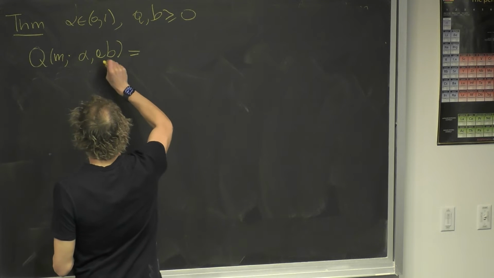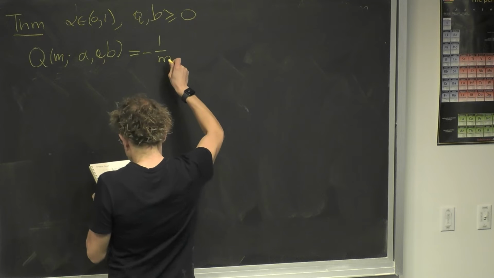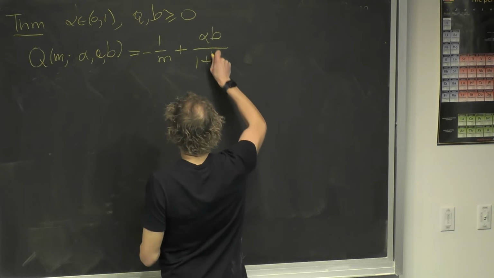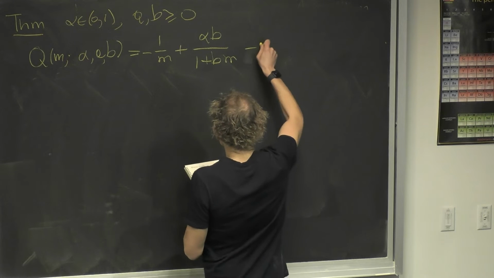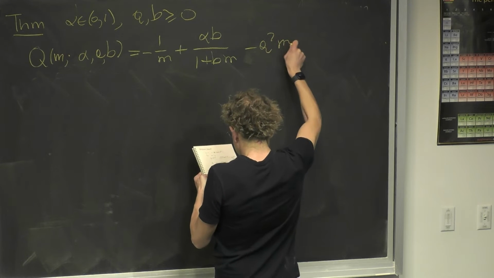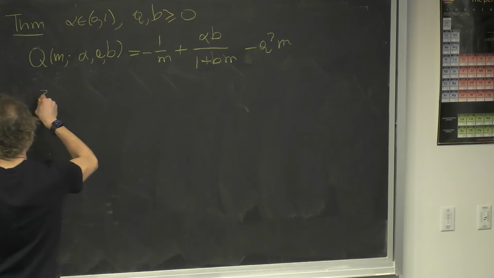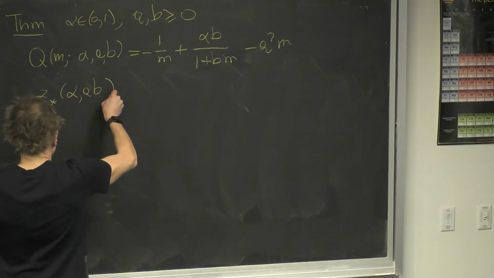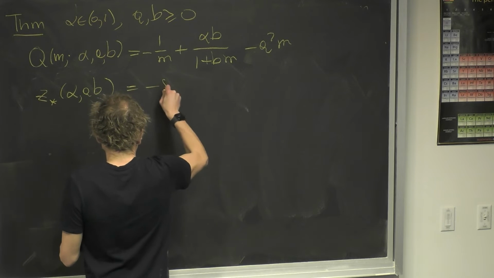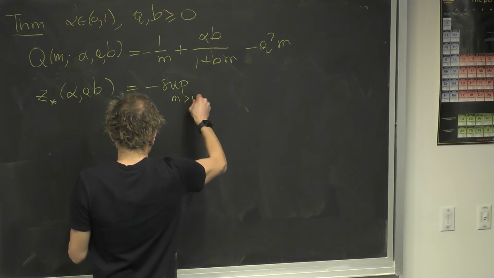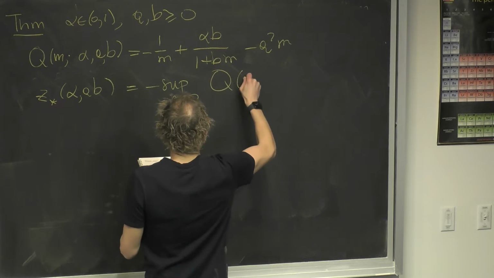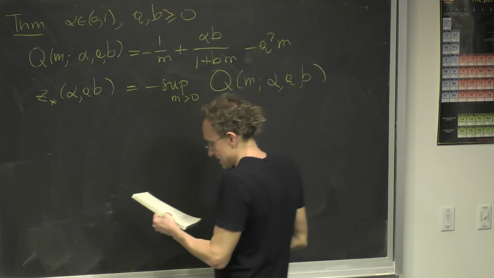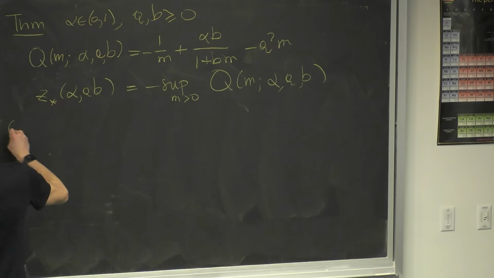This is minus 1 over m plus alpha B, 1 plus B m minus A squared m. And then I'll define Z star of alpha, A, B to be minus the sup over m positive of Q(m, alpha, A, B). And then solve the following ODE.